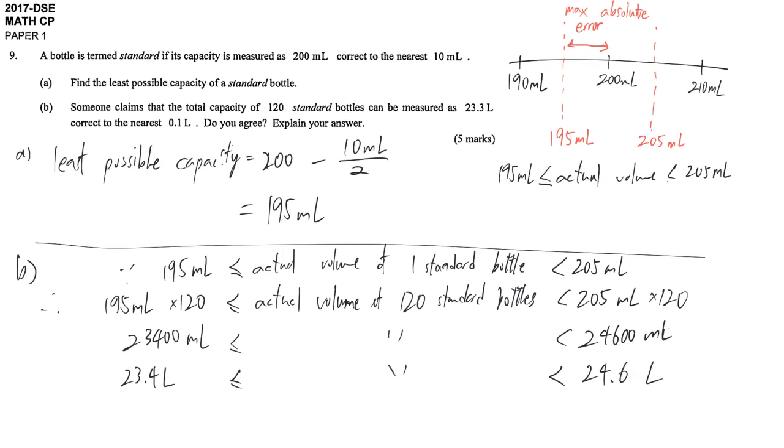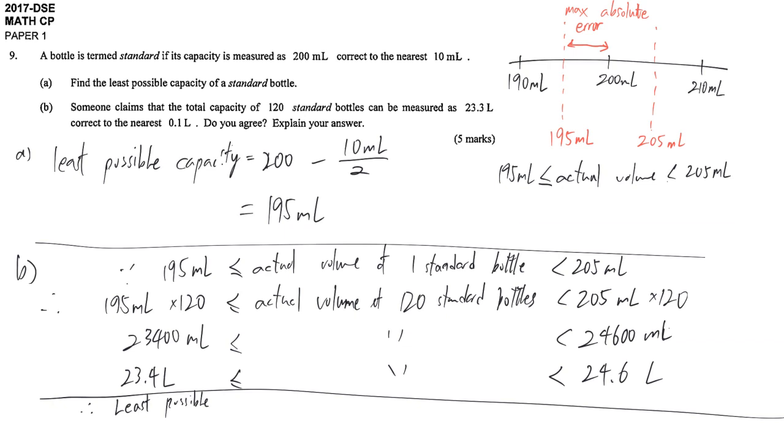After that, we consider the minimum case, which is obviously not equal to this, right? But we still need to write very clearly. Therefore, the least possible volume is equal to 23.4 liter.